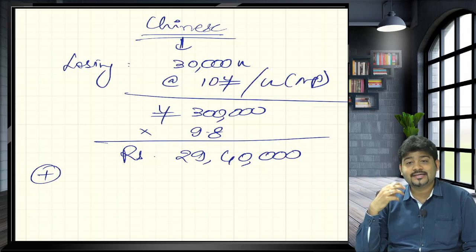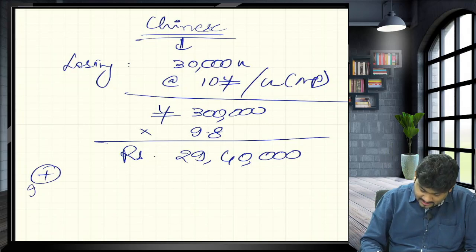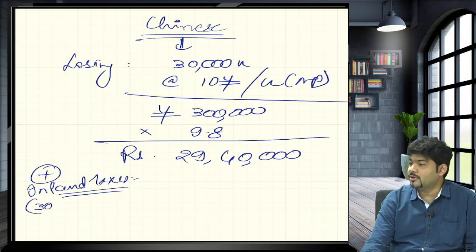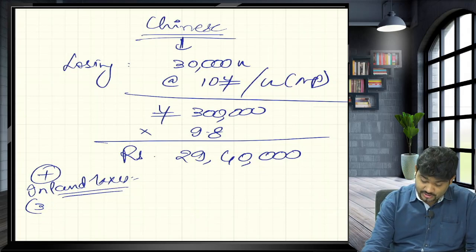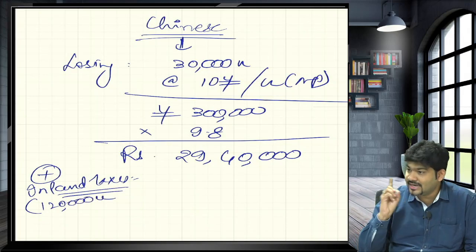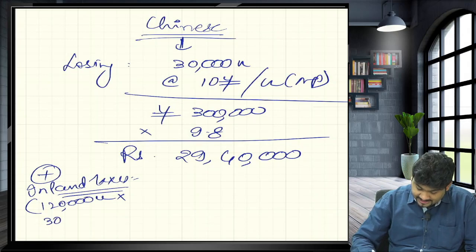That is the inland tax that I will have to bear. Are we understanding, guys? So plus inland taxes. For only 30,000 units, or 1,20,000? For the whole sale: the full 1,20,000 that you are selling inland, multiply by 30, and multiply by 10%.